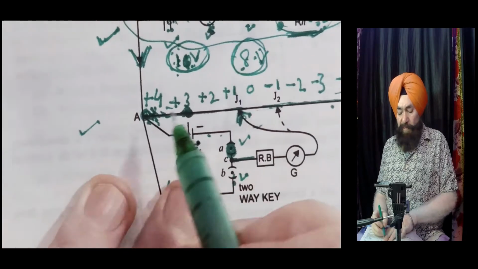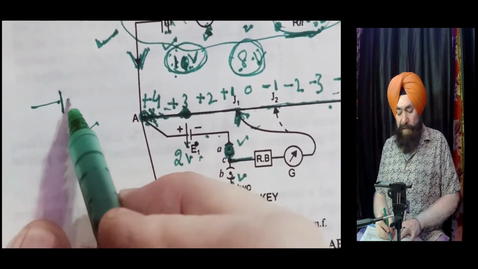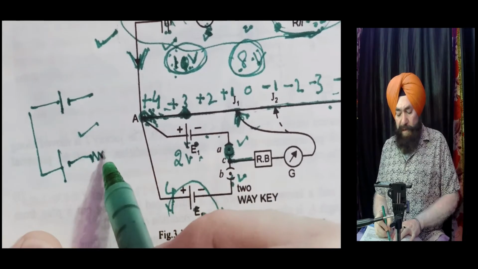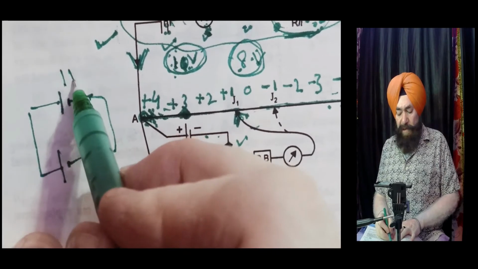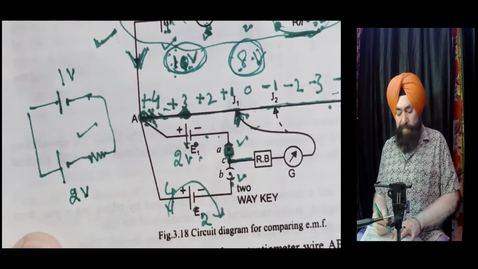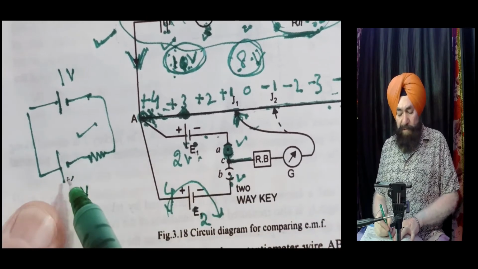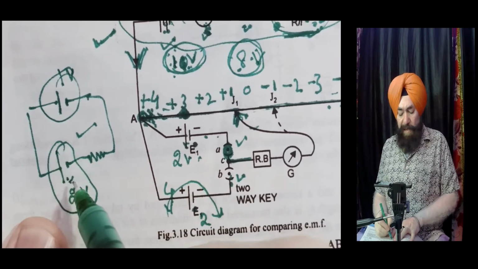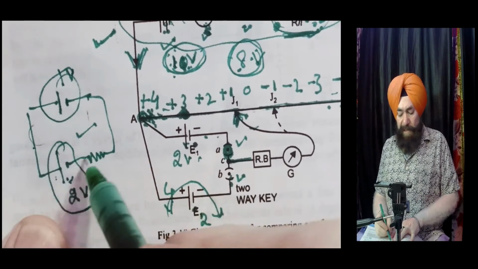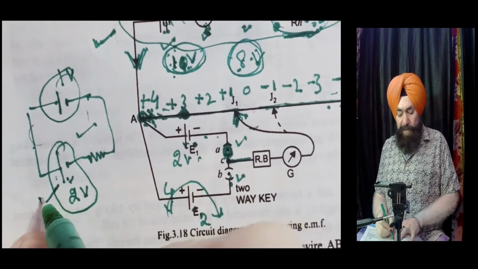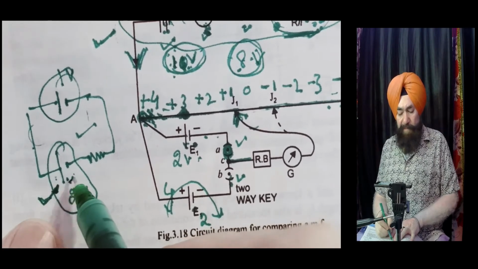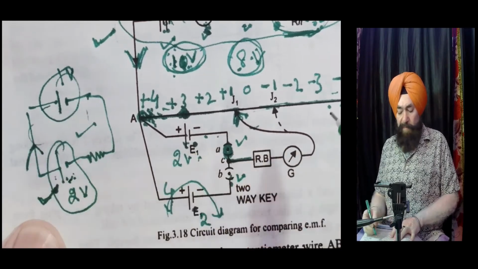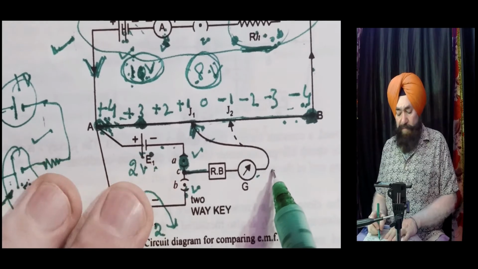So if there is a circuit like 1 and 2 and a resistance, this is 1 volt, this is 2 volt. Now this is less voltage, this is more voltage, so the current will start in the circuit according to this cell. This is bigger, meaning the current will flow like this. That means the galvanometer will show a deflection.